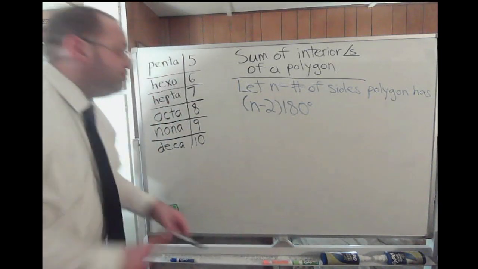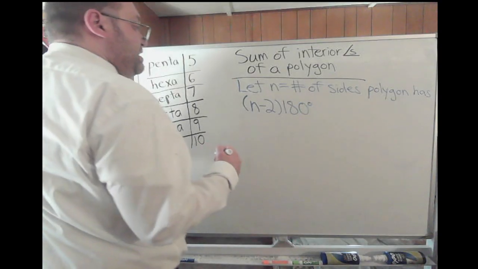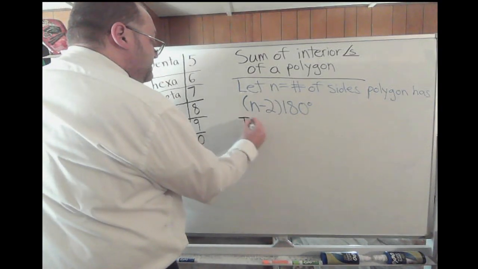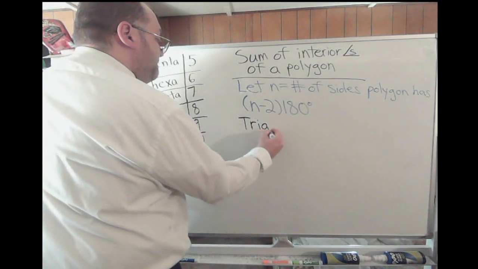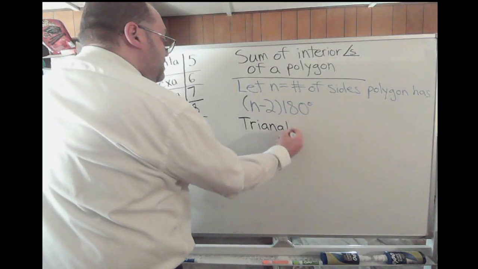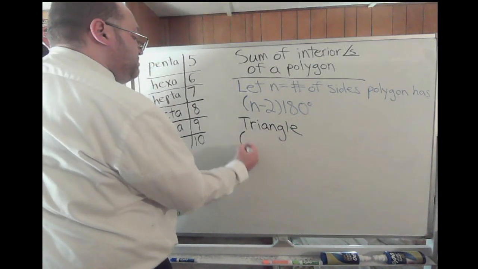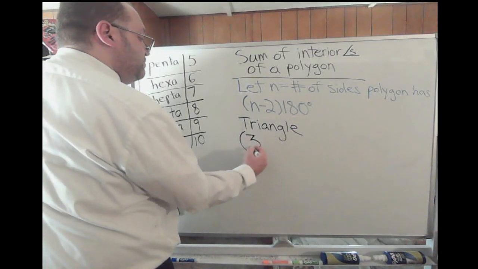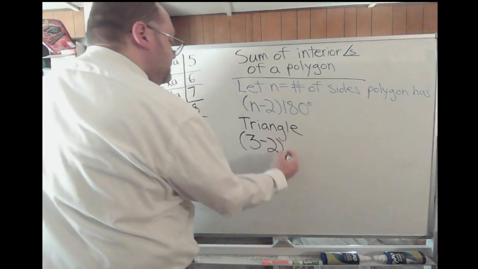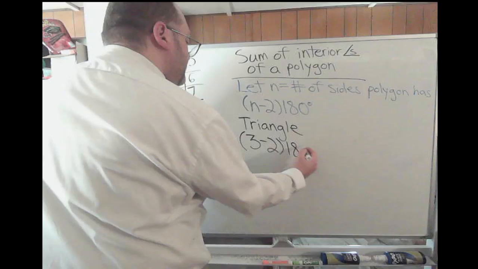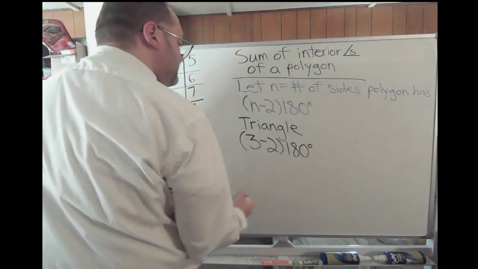So, for example, let's say we want to solve for a triangle. We know it's going to be 180, but why is it 180? The number of sides a triangle has is 3. You're going to subtract 2 from that, multiply it by 180 degrees.